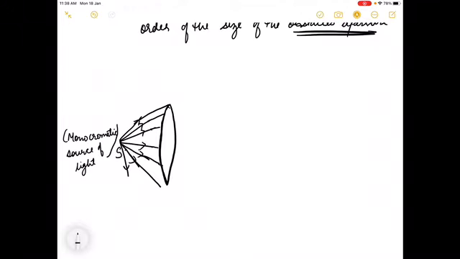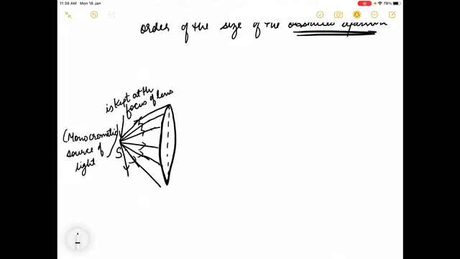Now you have to understand, this source is kept at the focus of the lens. So we all know, when light is coming from the focus, after refraction it will go parallel to the principal axis, right? So that means all your rays will be going parallel now, right?